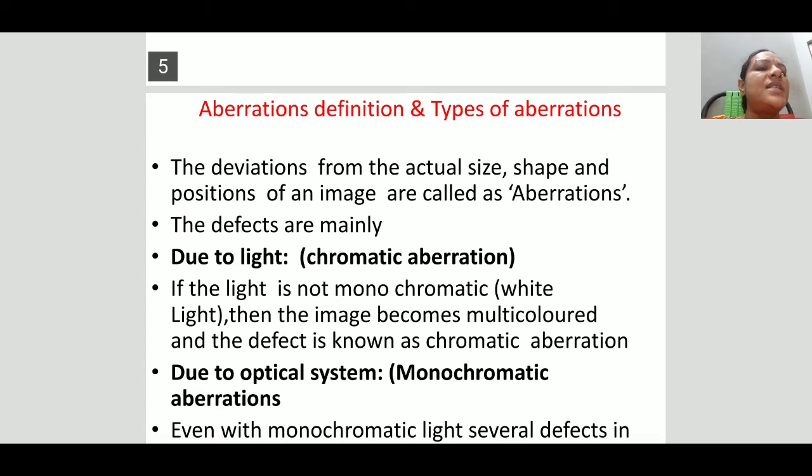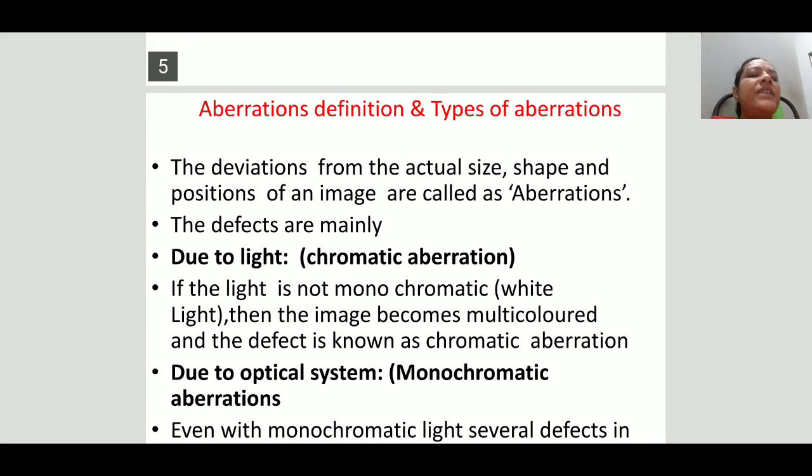These aberrations or defects are of 2 types, depending upon the light which is incident and depending upon the optical system. Let us discuss the one due to light. Due to light means this aberration arises due to the incidence of white light, and is known as chromatic aberration.